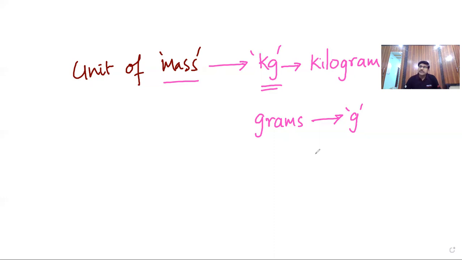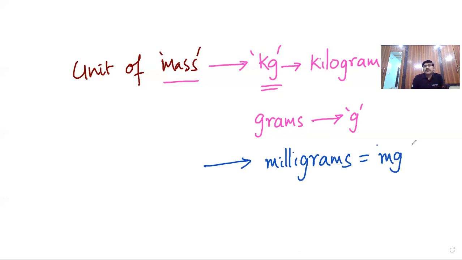Already we have discussed the units and dimensions in the IIT physics lectures, so go through those videos if you have any doubts. Grams in the CGS system. If you want minute quantities, you can use milligrams, mg.